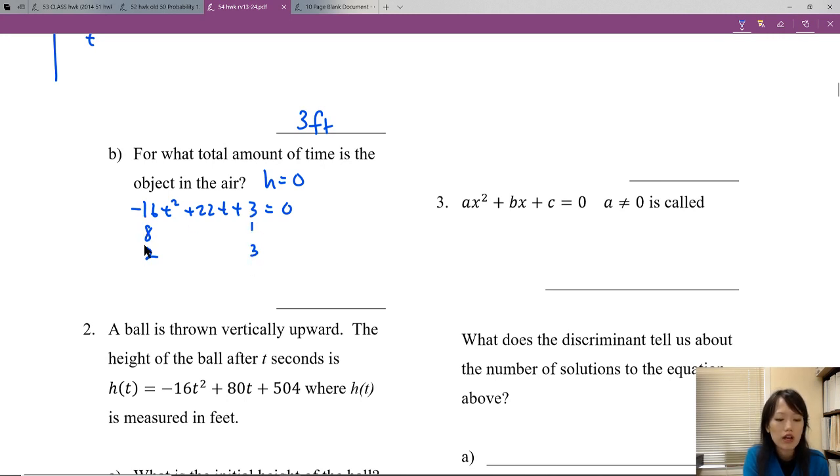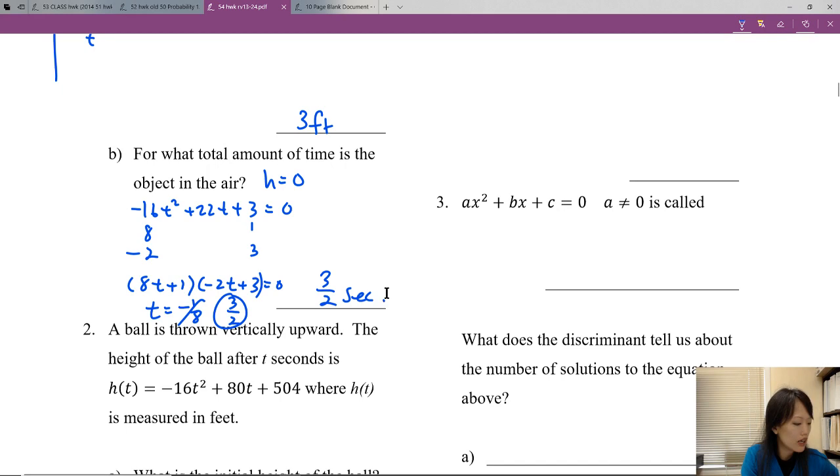One of these two is negative, so I need the 2 to be negative. So it's 24 minus 2 is 22. Yep. So I get (8t plus 1)(negative 2t plus 3) equals 0. t is negative 1/8, which we said you can't have. That's out. The other one is positive 3 halves. So they ask, what's the amount of time in the air? 3/2 of a second, or a second and a half.